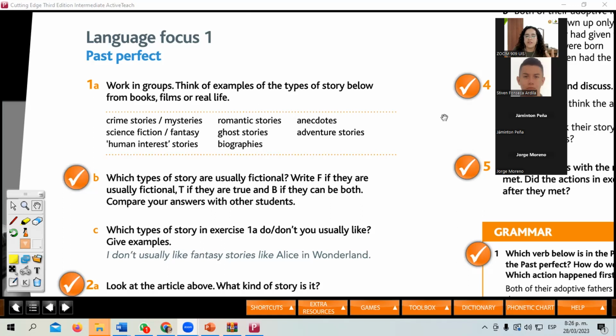Romantic stories. So what other examples do you have for romantic stories? Yes, Diego says Pirri, 15 years ago. For romantic, The Fault in Our Stars, Titanic, One Day, Meet Joe Black, Romeo and Juliet. Yes, Romeo and Juliet is more tragic than romantic. 500 Days of Summer, The Notebook. Yes, all of these movies are romantic stories.